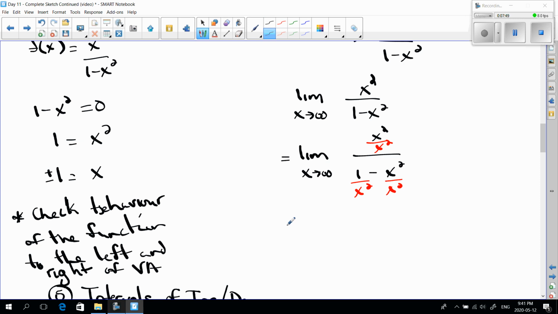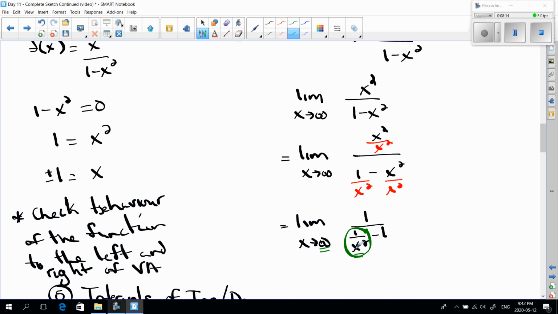That would give me the limit as x approaches infinity. X squared divided by x squared is 1. This piece doesn't simplify, 1 over x squared minus 1. Now, think about this. If x is approaching infinity, what would be happening to this term right here in the denominator?